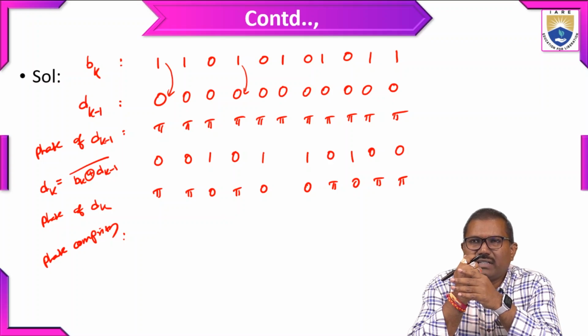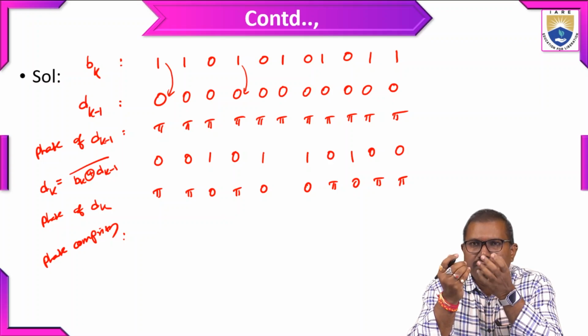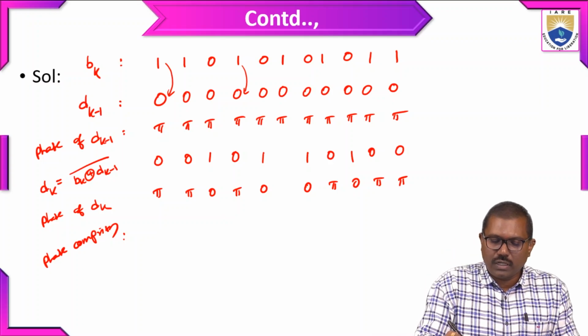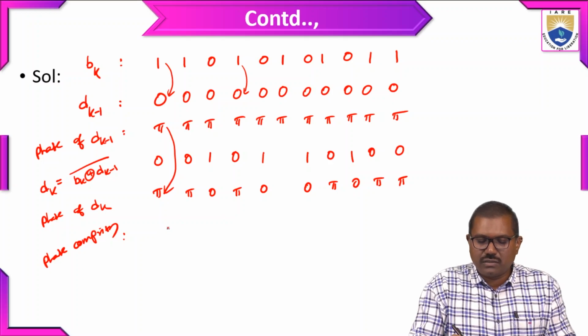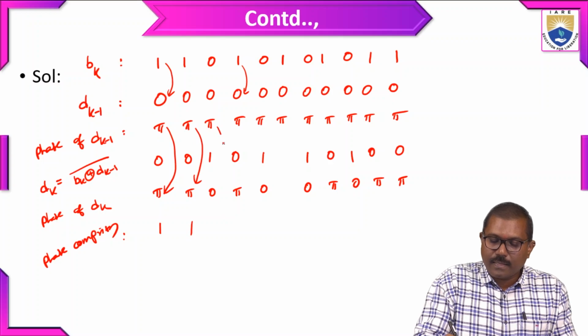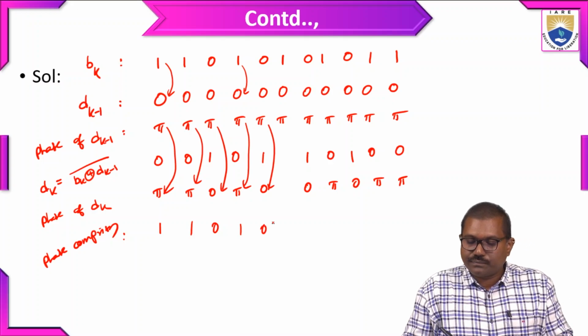So the receiver identifies which bit sequence is sent. Now I am going to compare this. Is there any phase change? No. Without phase change, you take it as 1. With phase change, 0.